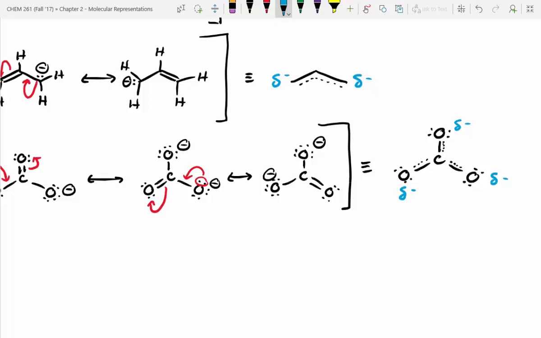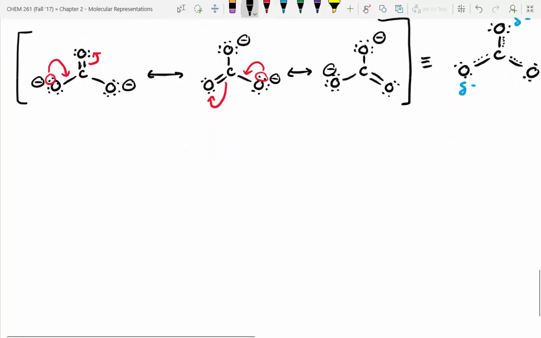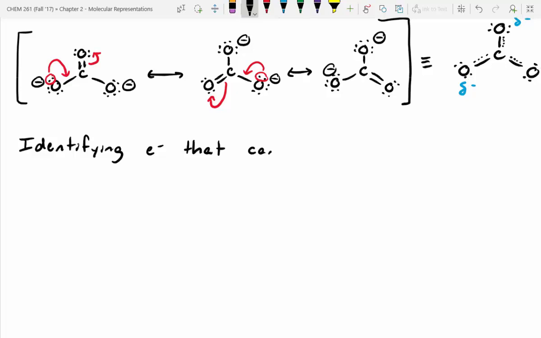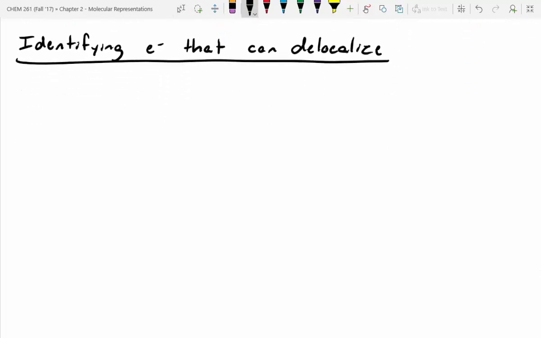So let's take a look at some weirder situations. We want to identify electrons that can delocalize. So I'm going to draw a partially condensed structure for this one.